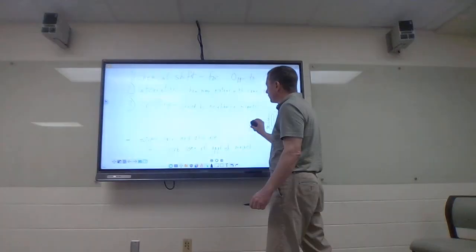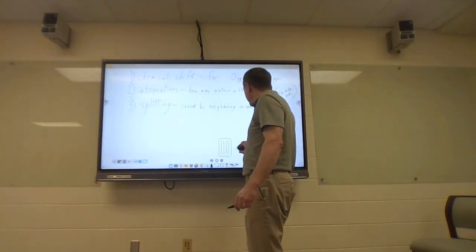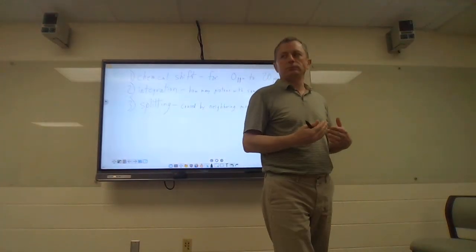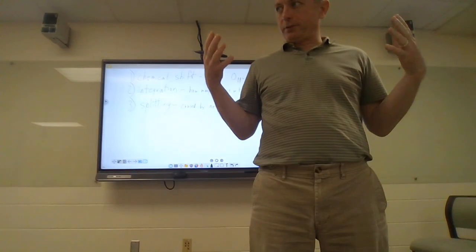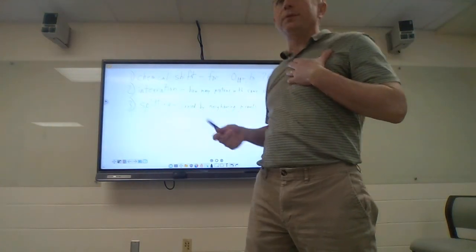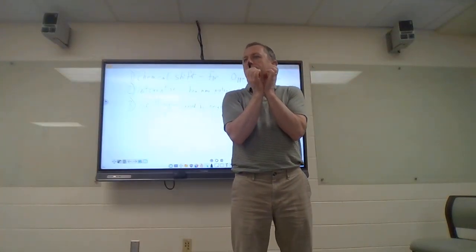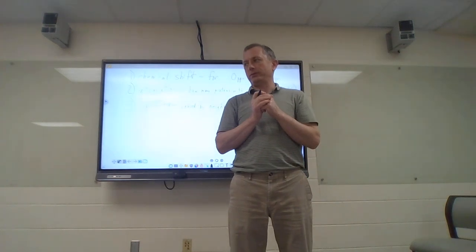So now, with those three things in mind, chemical shift, integration, and splitting, when we look at any one molecule, we can look at that NMR spectra, and from the chemical shift, from the integration, and from the splitting, we can start to piece things together to determine the structure of my organic molecule.